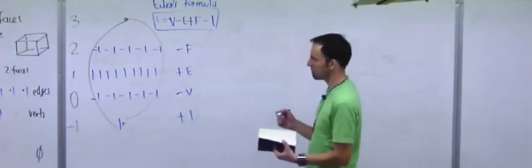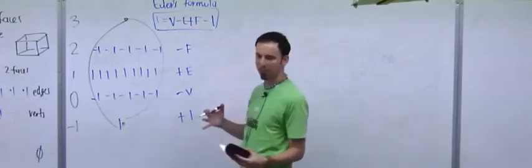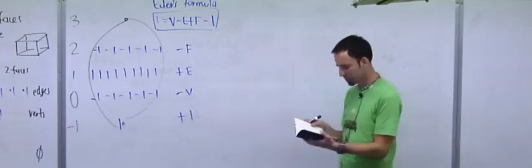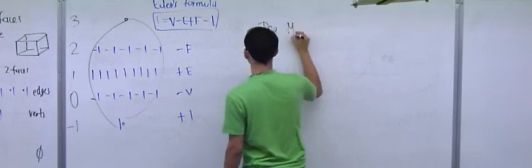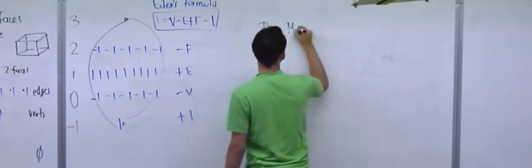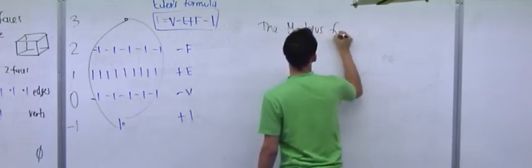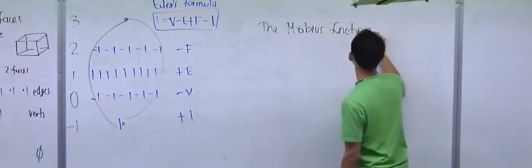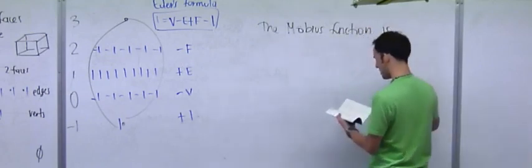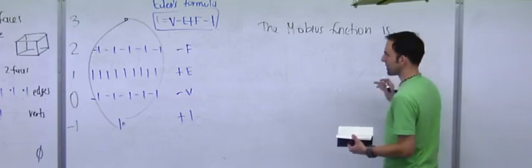So let me just tell you a little bit of kind of hand waving about how you're supposed to think about this Mobius function. The reason that this works is basically because of the following.